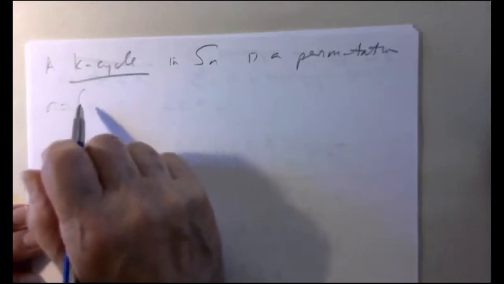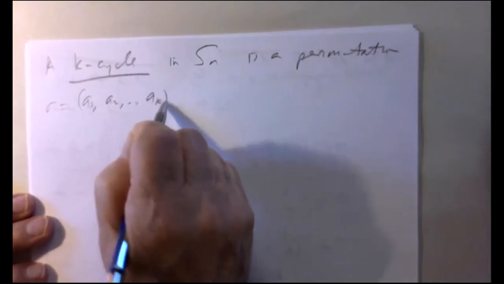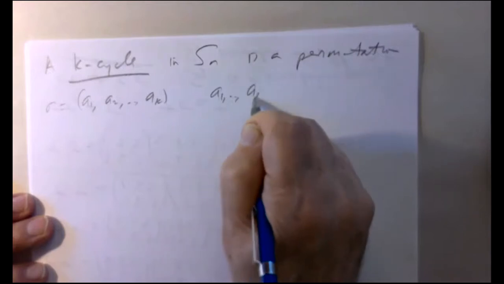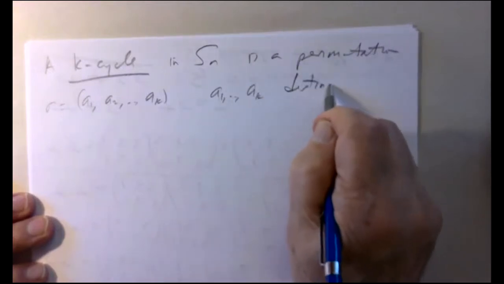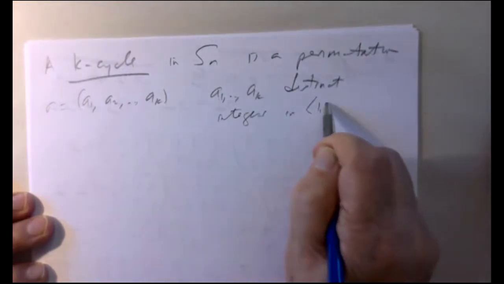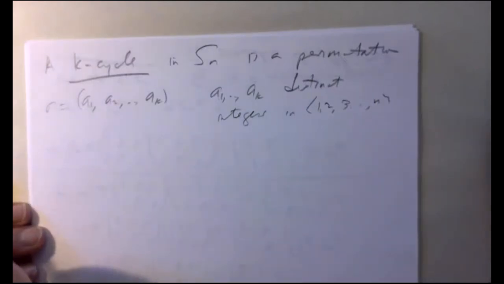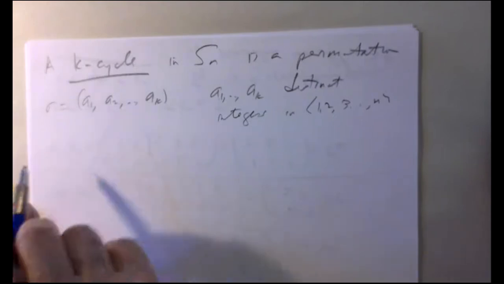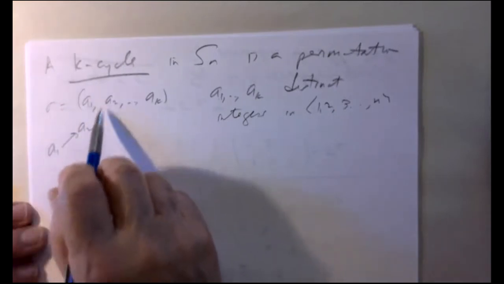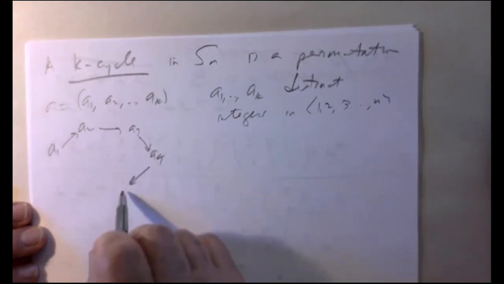We write it in a special way, like this ordered sequence, a1 up to ak are distinct integers in the set from 1 up to n. And the way this permutation operates is as follows. a1 goes to a2 under sigma. a2 goes to a3. a3 goes to a4. a4 goes to a5.